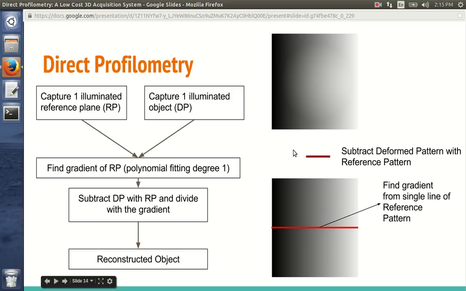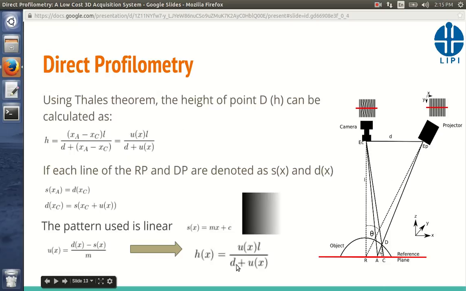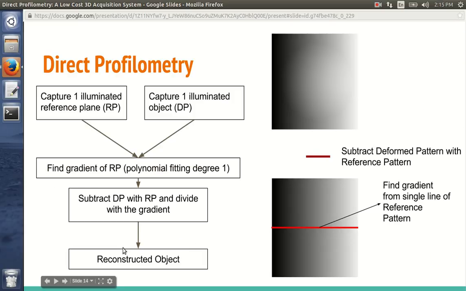Then we map with this equation, and we will get the reconstructed object.